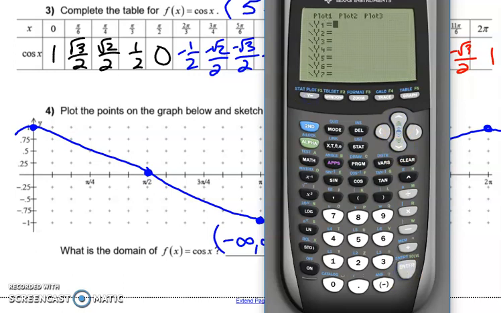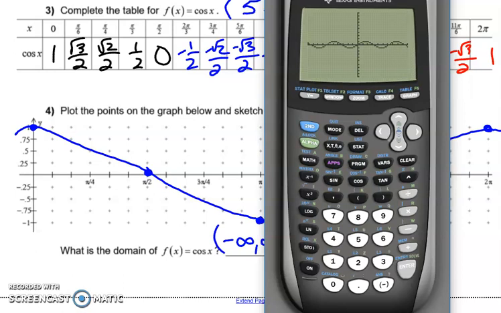Next, press Y equals. Let's first put in the sine of x. Press enter and graph. It doesn't quite look like what we see.